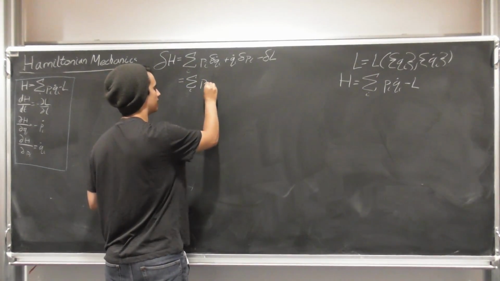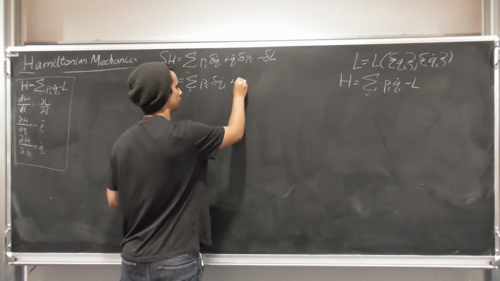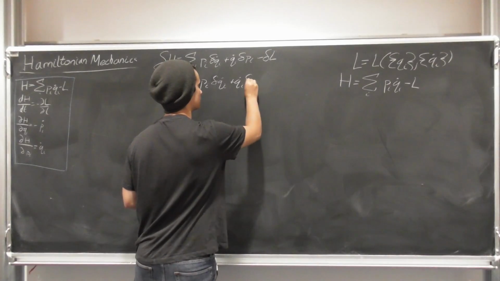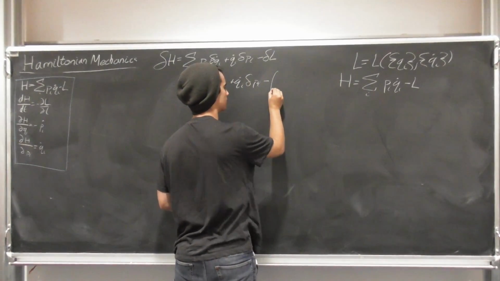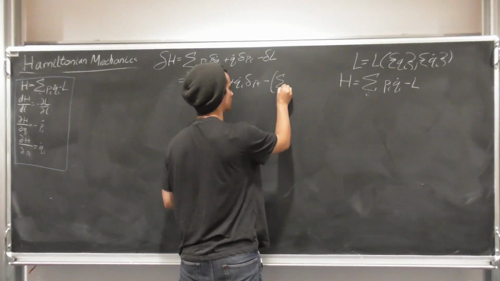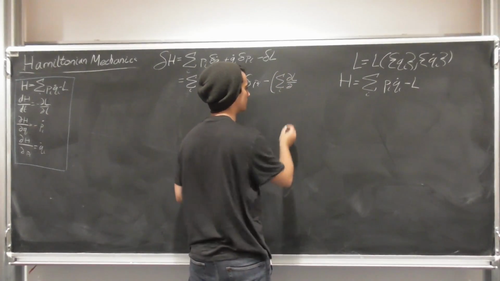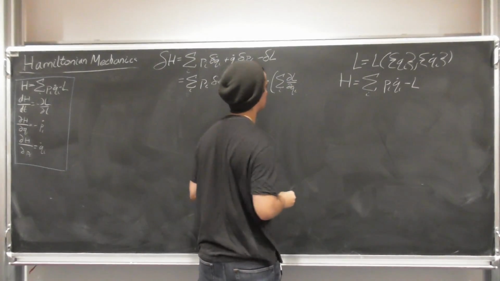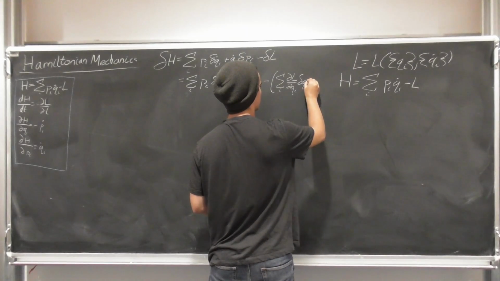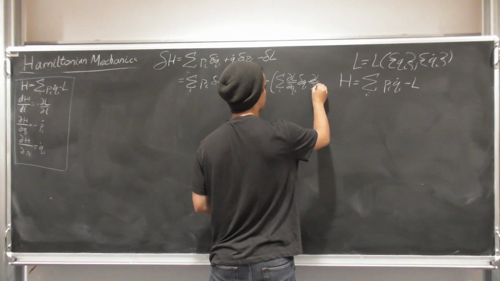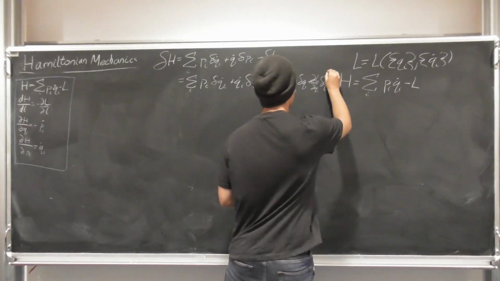So we'll have this as p sub i times delta q sub i dot plus q sub i dot times delta p sub i, minus the sum over i of dL/dq sub i times delta q sub i plus dL/dq sub i dot times delta q sub i dot.